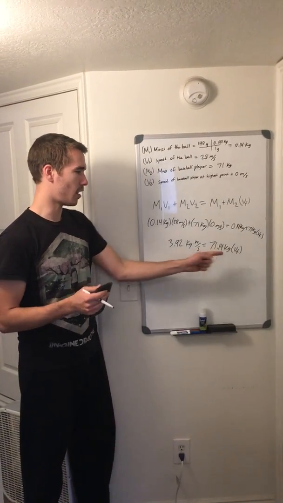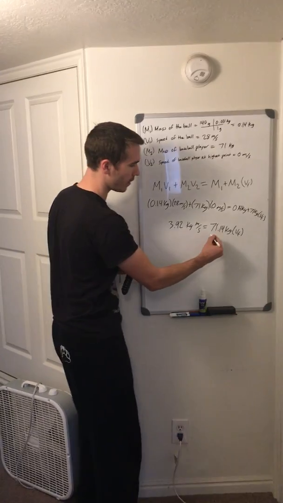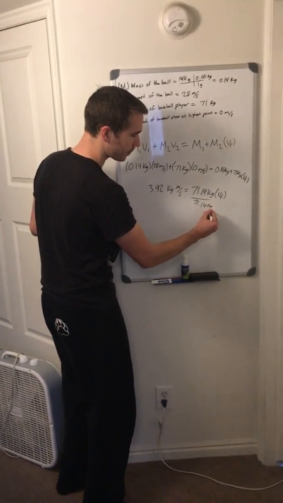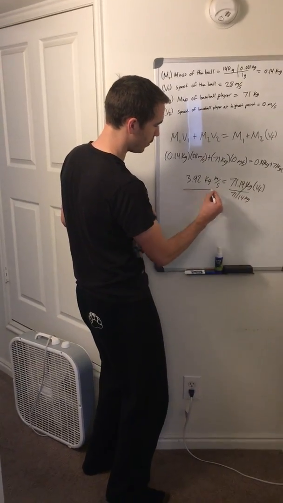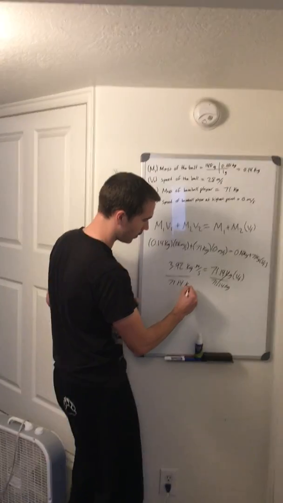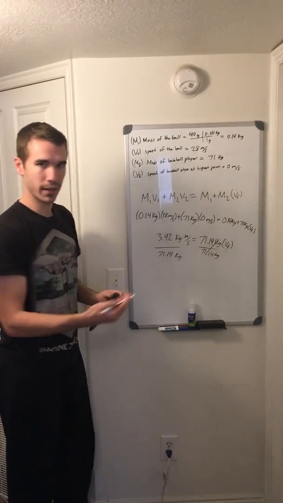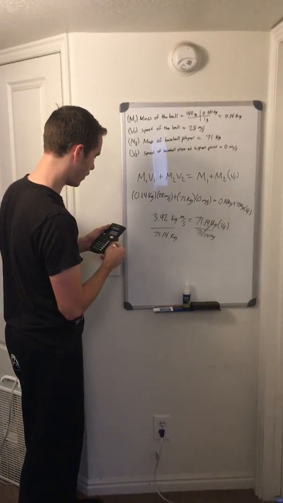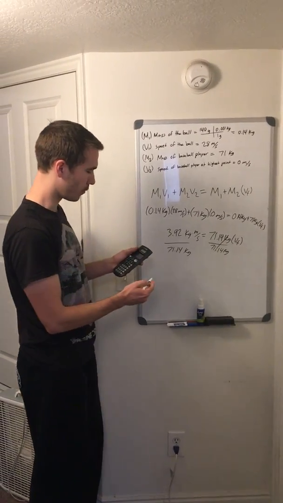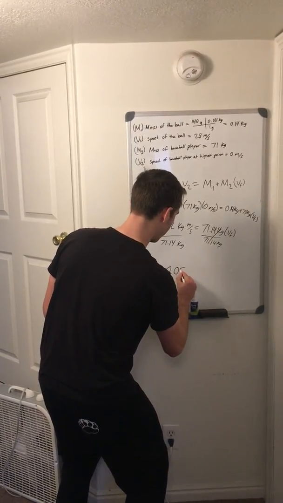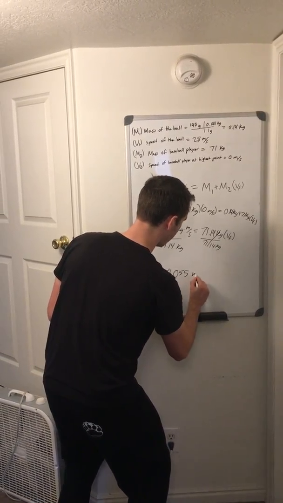Now to get our velocity all by itself, we just simply need to divide this side by 71.14 kilograms, which will cancel that out, and do the same on this side. And once we do that, we'll be left with our final velocity. So once we divide 3.92 by 71.14, we get 0.055 meters per second.